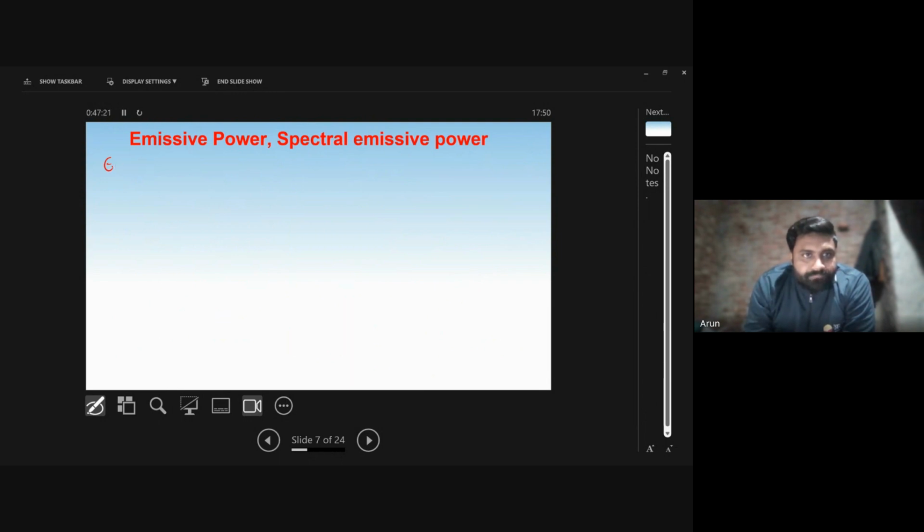Emissive power is the radiant energy emitted by a body per unit time per unit temperature.